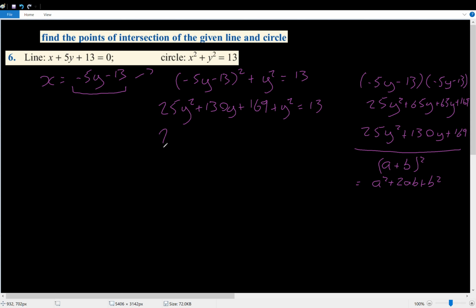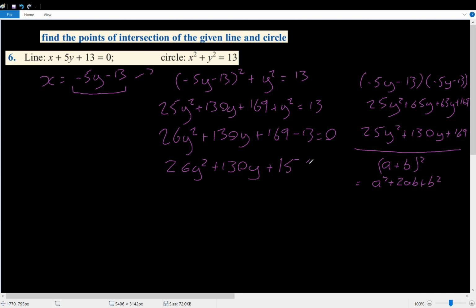So we're going to get 26y squared plus 130y plus 169 minus 13 is equal to 0. And we can tidy that up a little bit further. 26y squared plus 130y plus, and I'm just going to take 13 from 169 and we get 156. That's equal to 0.